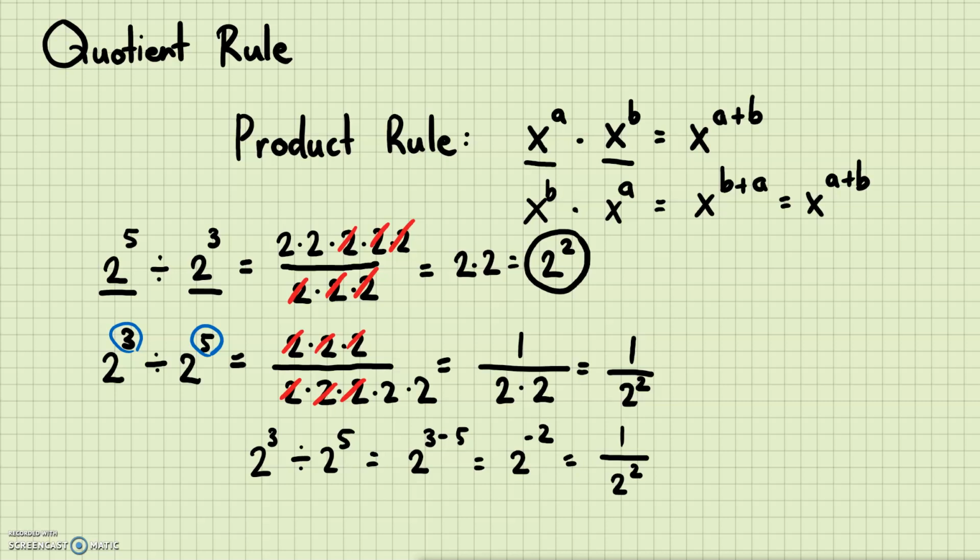But not a lot of people are comfortable with negative exponents and negative numbers in general. So sometimes it could be easier to write the process like this as a fraction, and you can see that the leftover is going to be in the denominator when our first term has a smaller exponent.